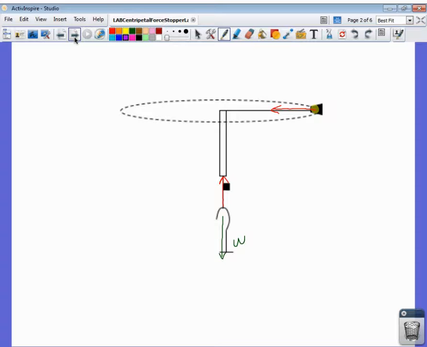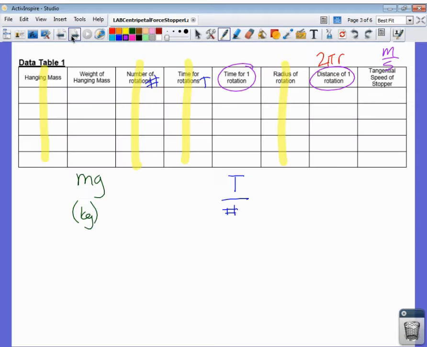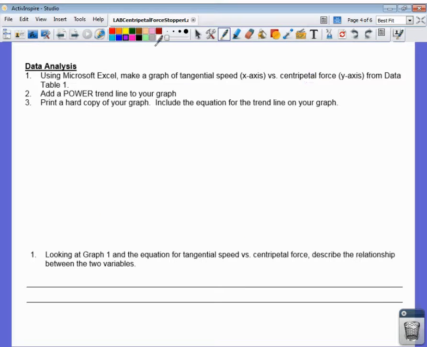The hanging mass. So ultimately, this force, the red force that's acting on the stopper, which we'll learn on Monday is called centripetal force, is equal to the weight. So when we make that first graph where it says centripetal force, you can change that to the weight of the hanging mass because that's what the centripetal force actually is.